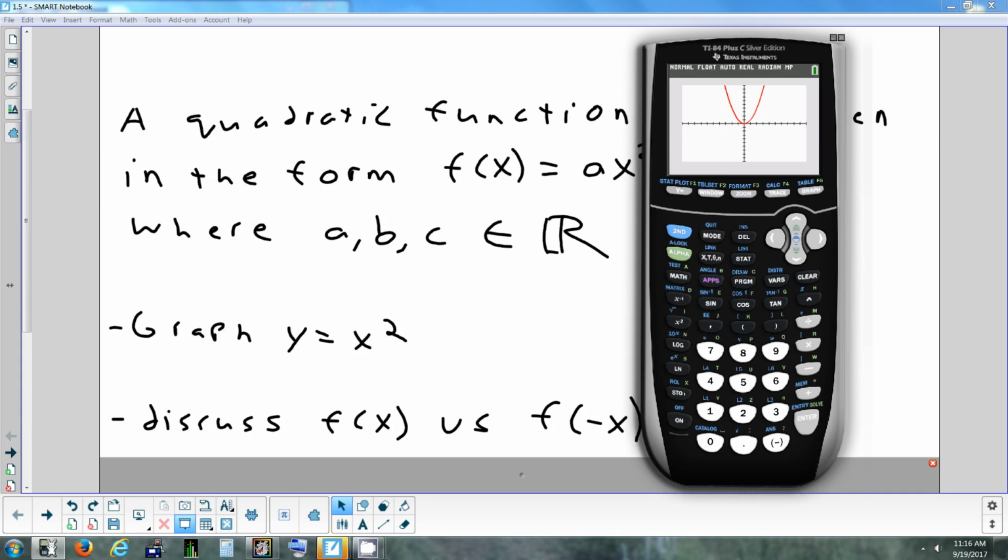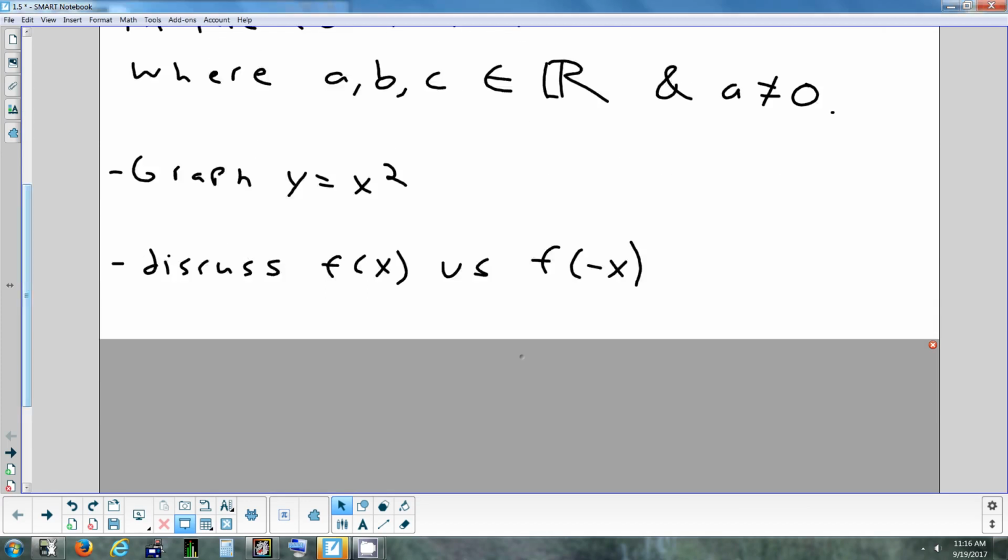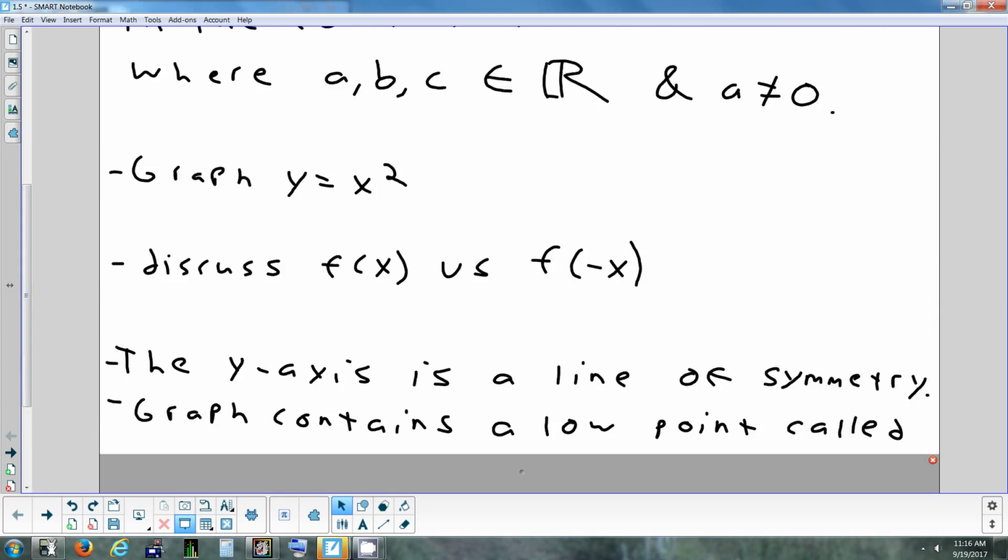Mike? Which way? Over which axis? The y-axis. Yes. If you did a mirror image over the y-axis, it would look exactly the same. That's what I just did. Now, if I picked a shape that wasn't symmetrical over the y-axis, then you would see a difference. Okay? But this shape is symmetrical because the y-axis is a line of symmetry.